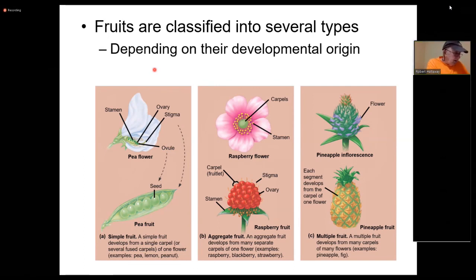Yeah, 203 and 204 is actually a dichotomous key to the fruits in Harris and Harris. It'll help you understand fruits better.